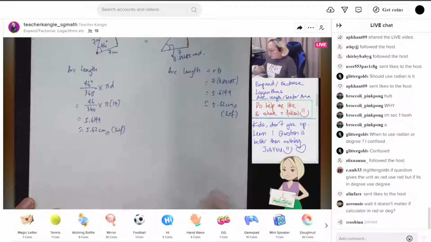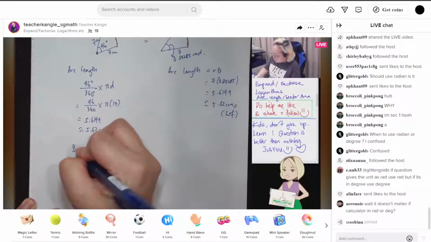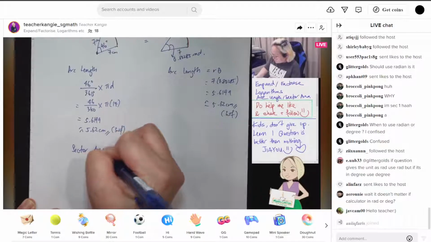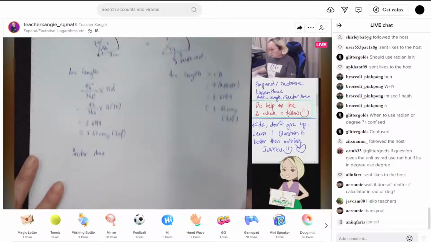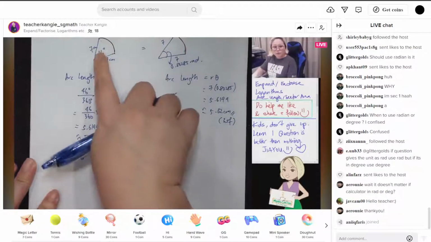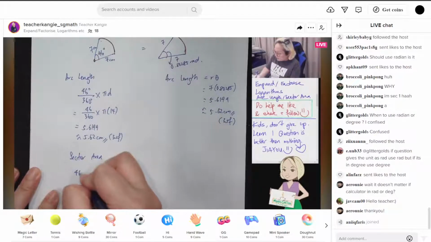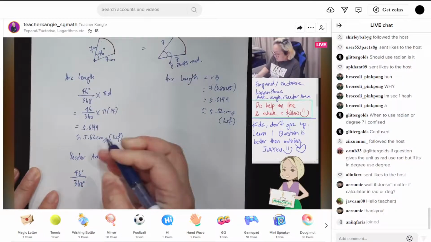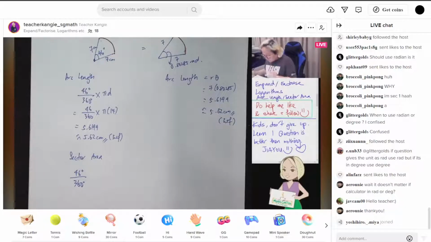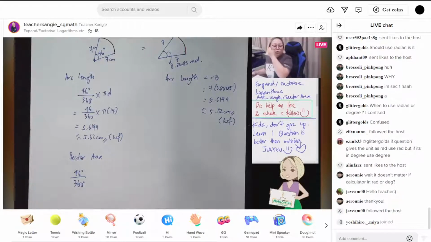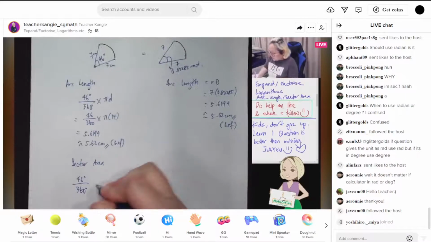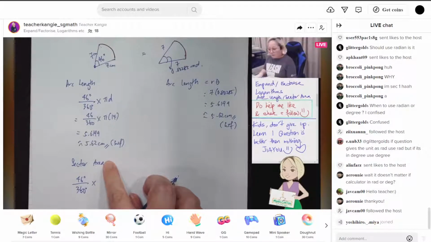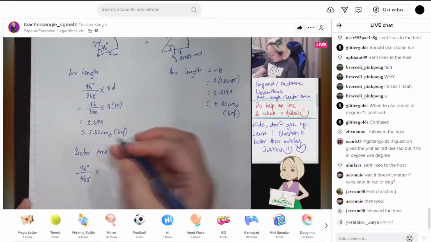So now we're going to talk about sector area. Same thing: if I'm going to use the degree one, it will be 46 degrees out of 360. I hope you understand about radian and degree, so you will not panic when you use them. Because I'm going to find area, it is multiplied by pi r squared.